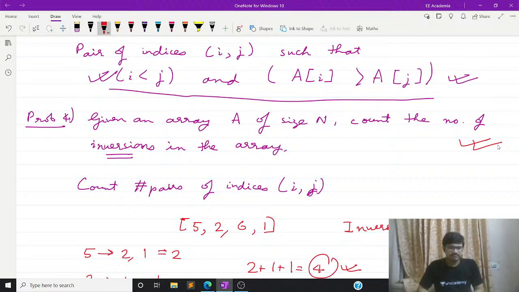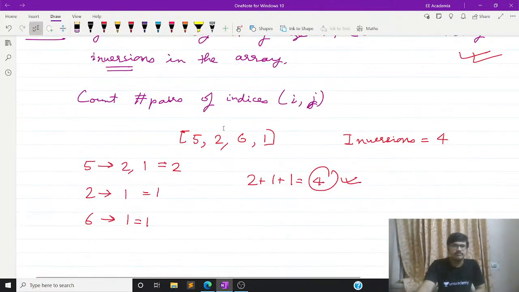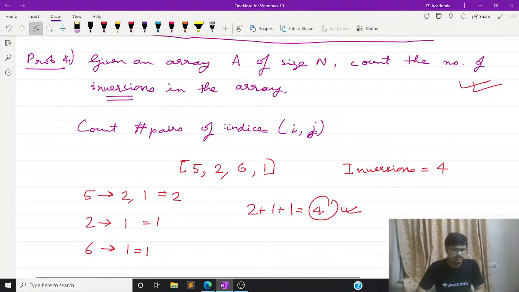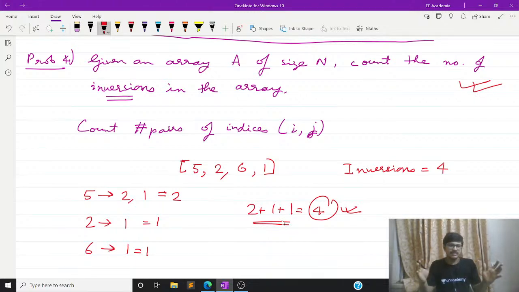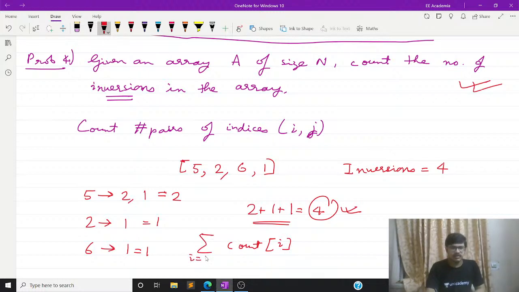So is it clear, guys? Can you solve this problem now, given that we have solved the previous problem? So what is it? It is simply the sum of all the array elements, right? After you find this count array, your result is going to be simply the sum of all these elements.